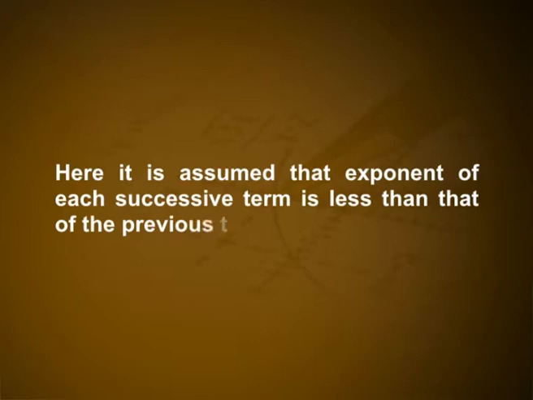Here it is assumed that the exponent of each successive term is less than that of the previous term. Once a linked list is built to represent a polynomial, that list can be used to perform common polynomial operations like addition, subtraction and multiplication.